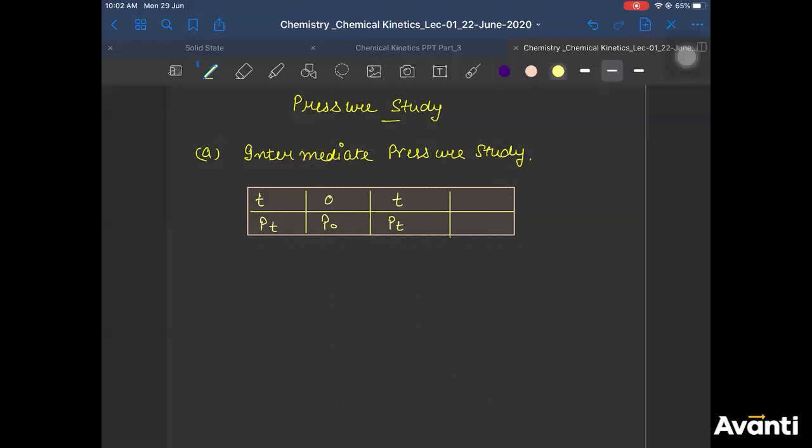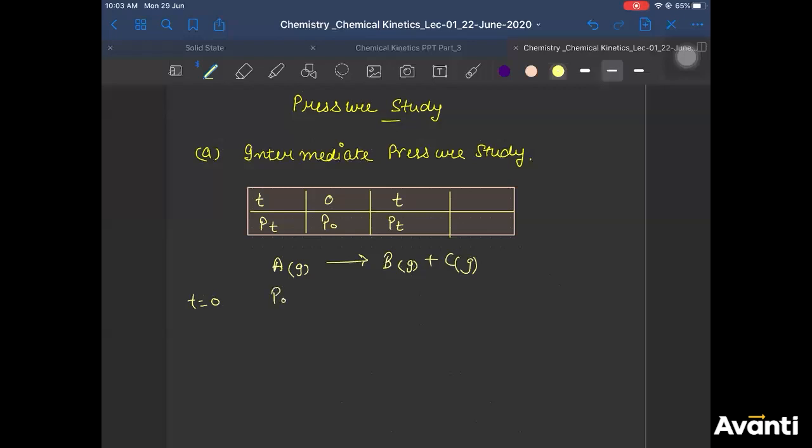Right? Now, let us take the reaction as A gas giving you B gas plus C gas. Right? So now when you apply the kinetics, at T equal to 0, what is your initial pressure?